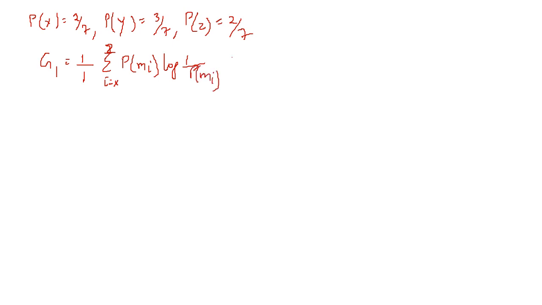So if you substitute all these probabilities, P of x, P of y and P of z, you are going to get G1 equal to 1.557 bits per message symbol. So this will be your G of 1.